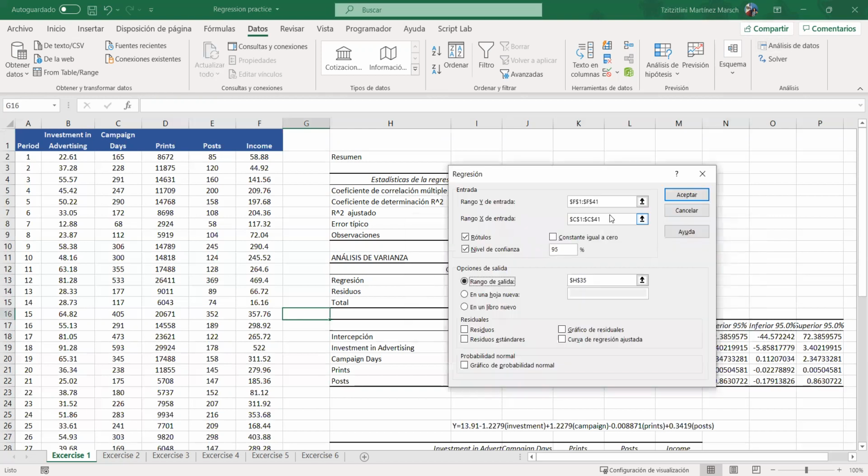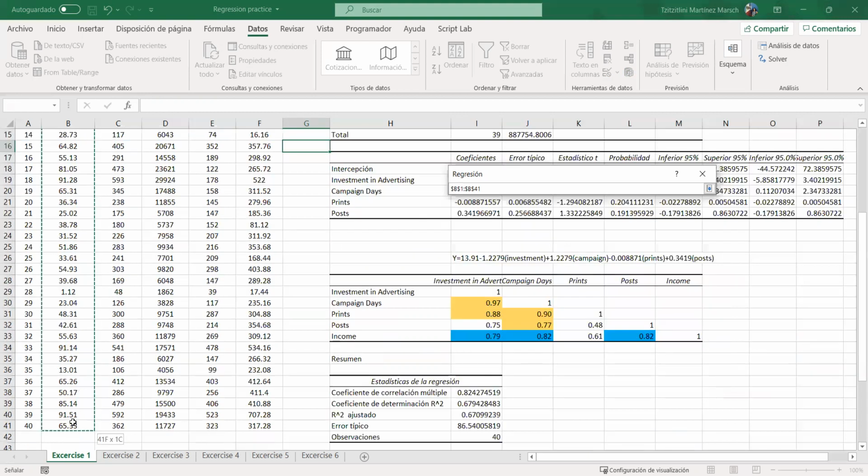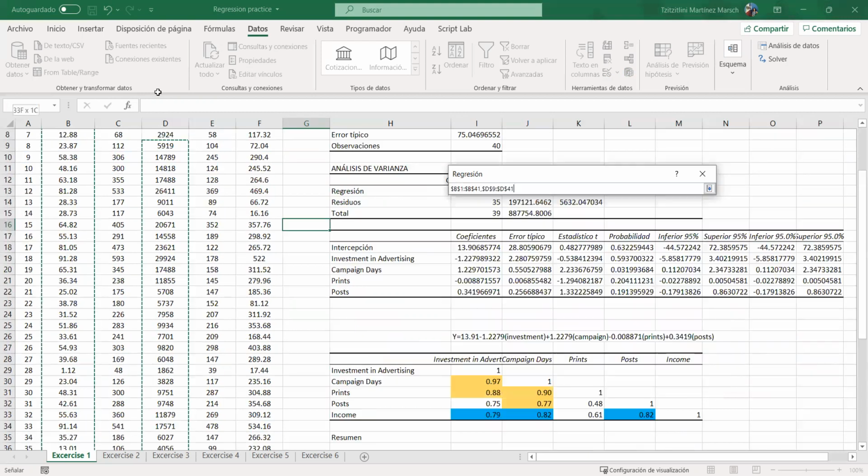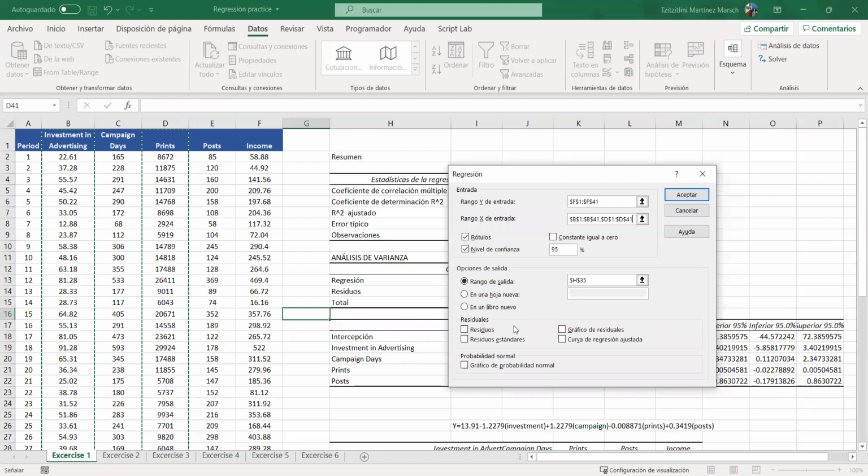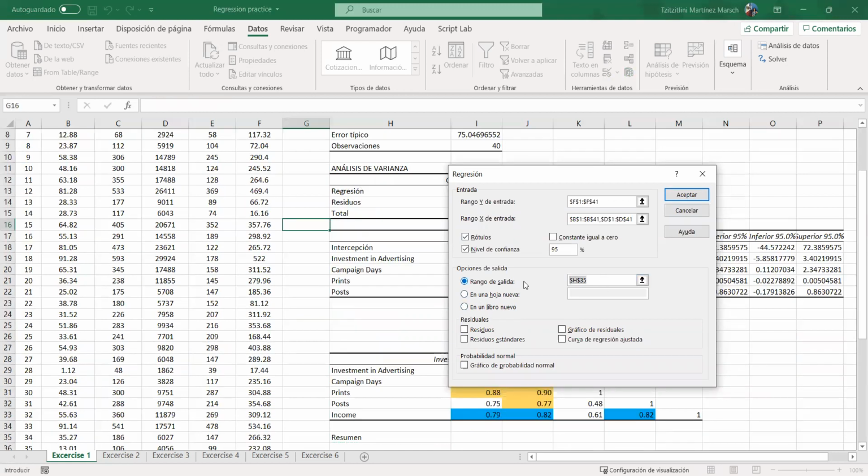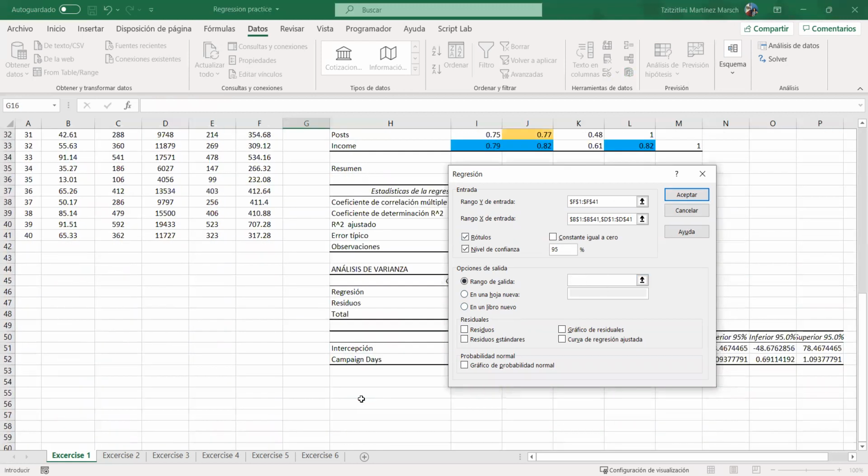Regression, that stays the same. And investment. Oh, and they said they have to be together.